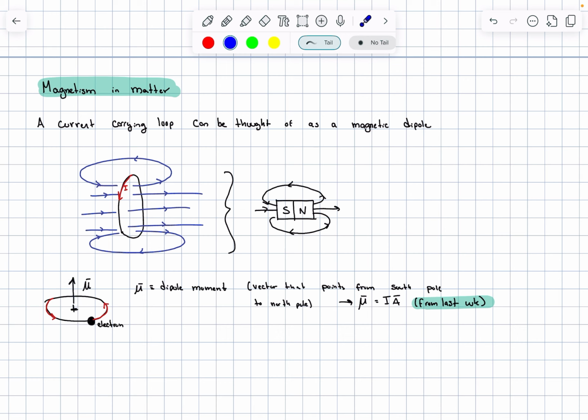Now, think about this like the positive part of an atom, and the electron going around in its orbit is creating this dipole moment. This doesn't always happen. You can read your book to get more details about why some materials have magnetic moments. But essentially we're going to say that sometimes materials do have magnetic moments like this.